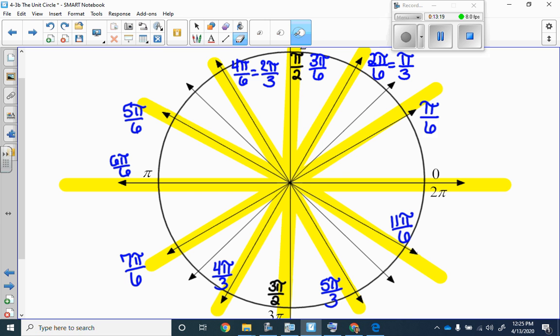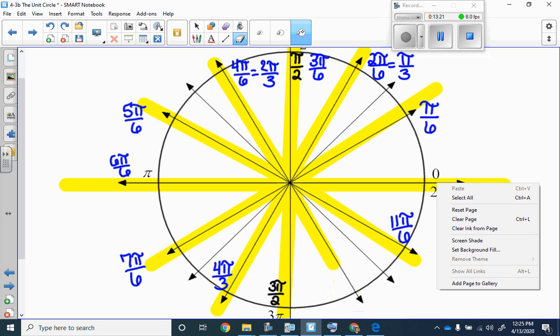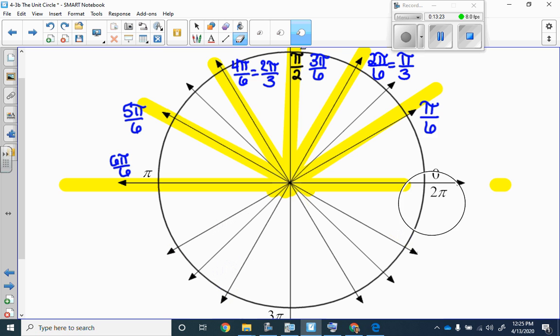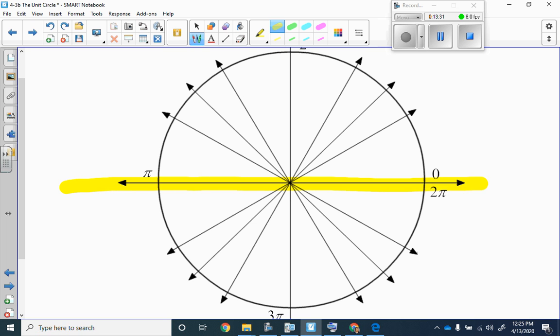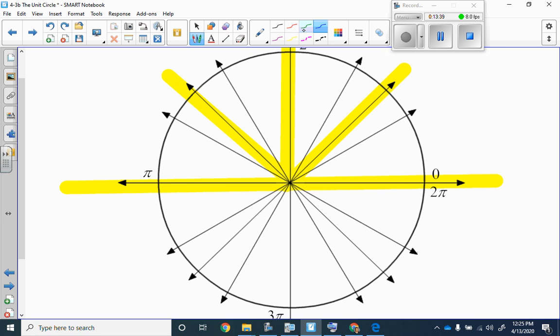Now the last 4 that we're working with are the 45 degrees. When you think about 180 divided by 45, that is 4. So we can split the top half of our circle into equal fourths.